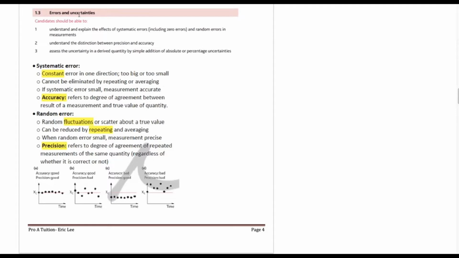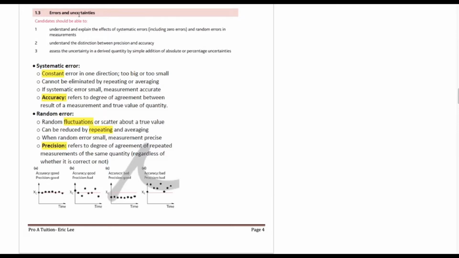Okay, so something like that cannot be eliminated by repeating or averaging. So that means if you do measurement many times, the systematic error is still there. So you cannot find the average, it doesn't help. If systematic error is small, then measurement is accurate.